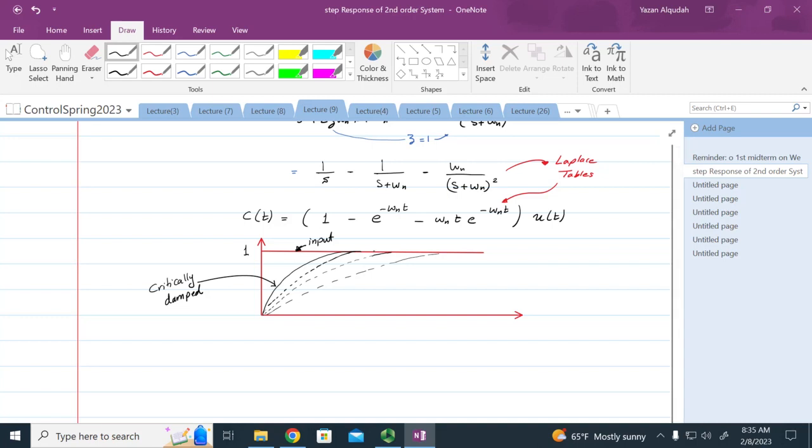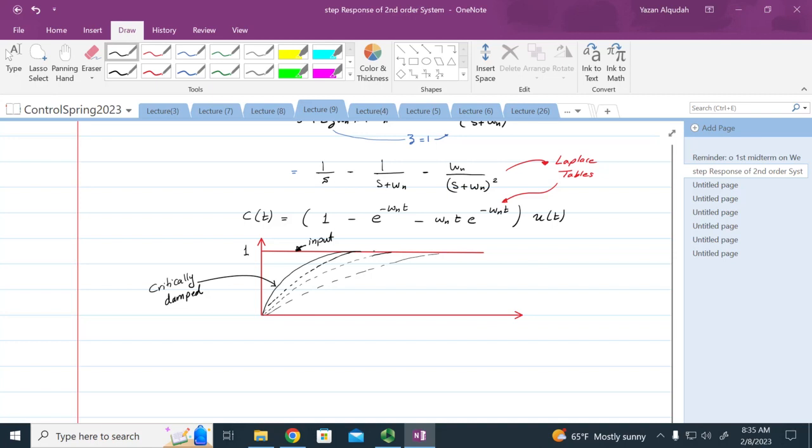But if I tell you these curves belong to a critically damped and overdamped, which one is going to be the critically damped? The fastest one. Does that make sense? The one that is the fastest.